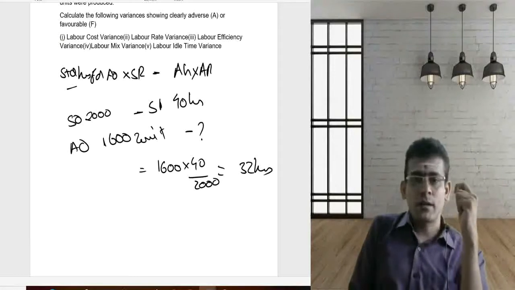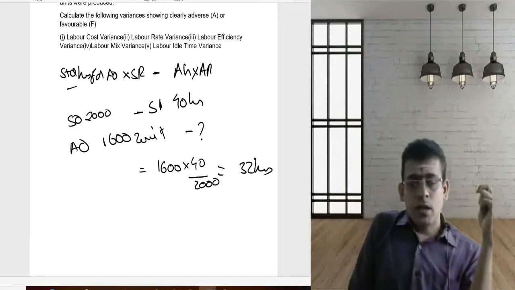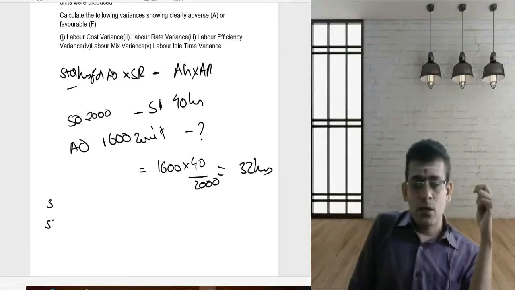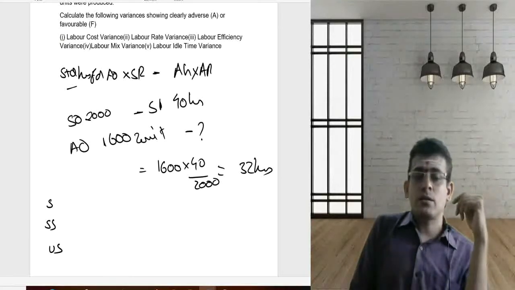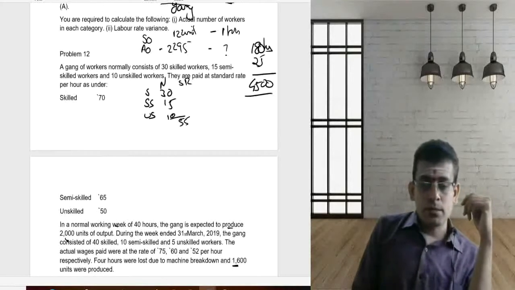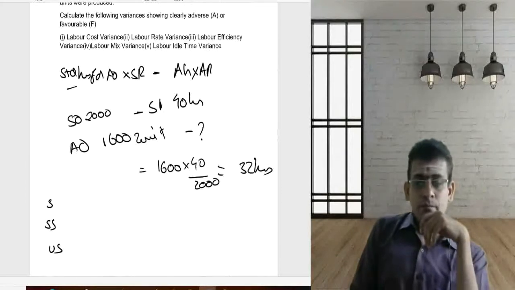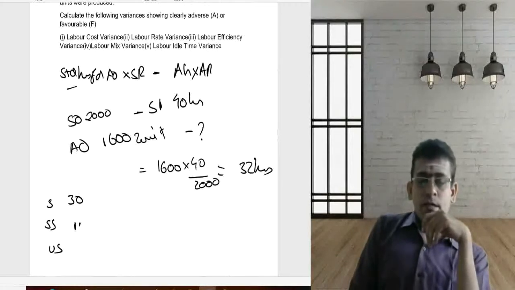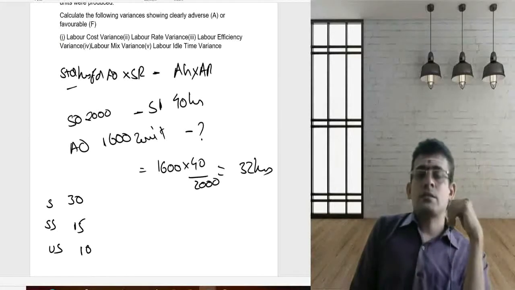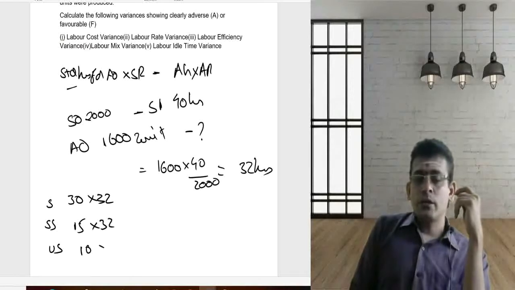That means one worker should put in 32 hours. Now you find out how many skilled, semi-skilled and unskilled there are. The problem says the standard is 30, 15, 10: 30 skilled, 15 semi-skilled, 10 unskilled. Now one worker 32 hours, into 32, into 32, into 32.